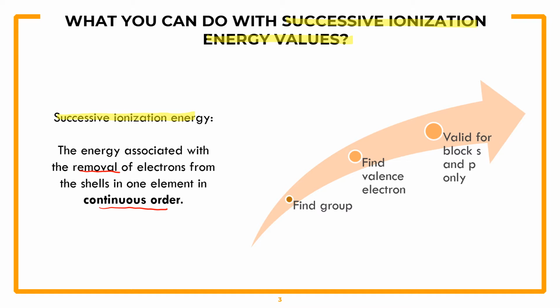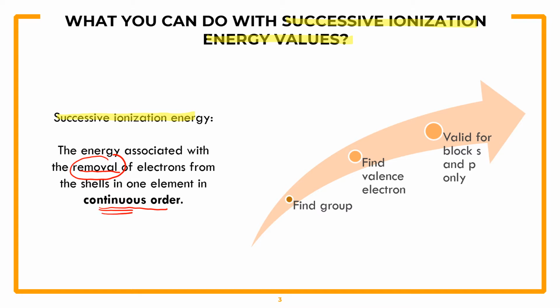Contohnya first ionization energy, second ionization energy, third ionization energy, fourth ionization energy, fifth ionization energy, and so on. So, fasa-fasa IE yang saya sebutkan tadi itu adalah proses itu akan melibatkan removal of electron secara berturutan, in continuous order.